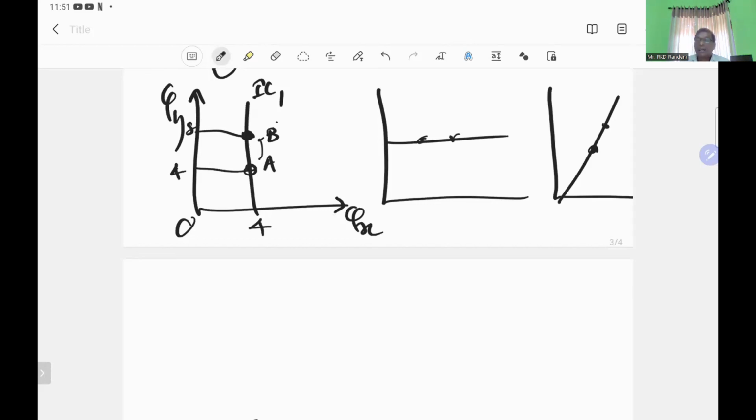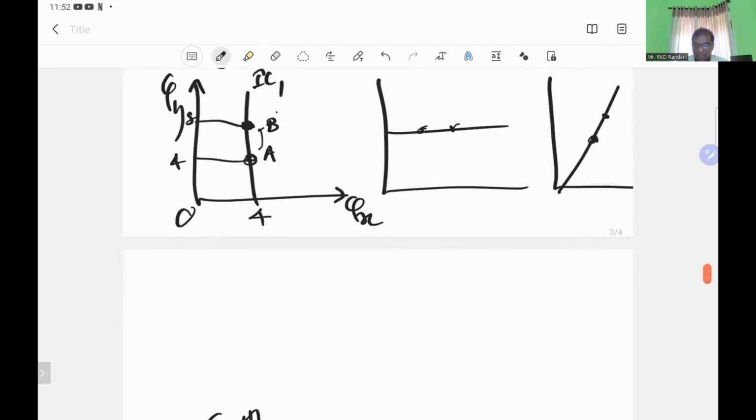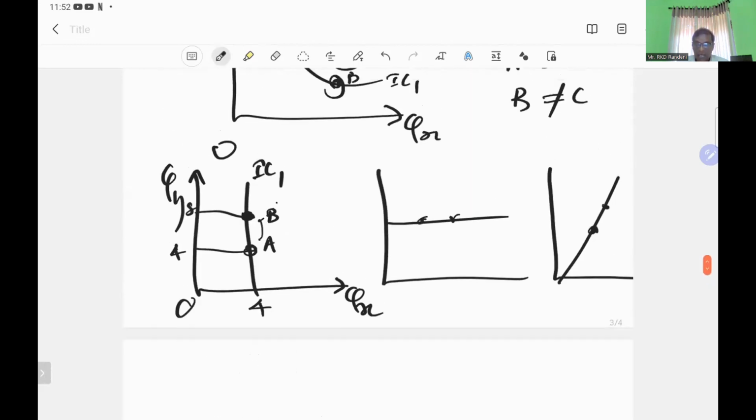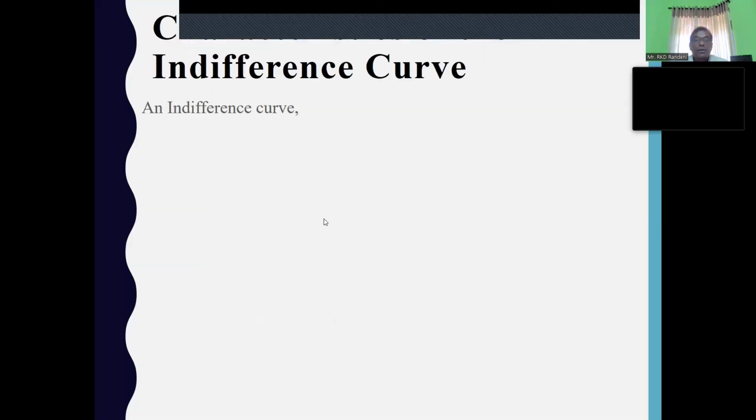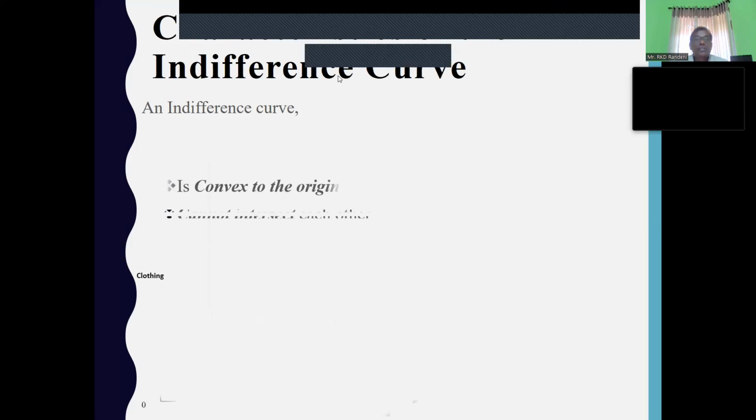Then you can realize what an indifference curve is and what its features are. Likewise, you have to realize. Through the handout, you can identify all the characteristics of the indifference curve.